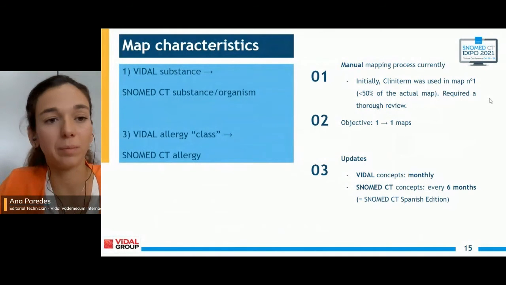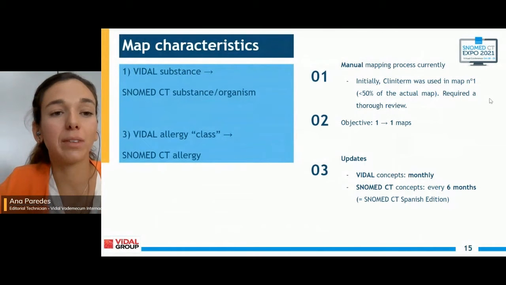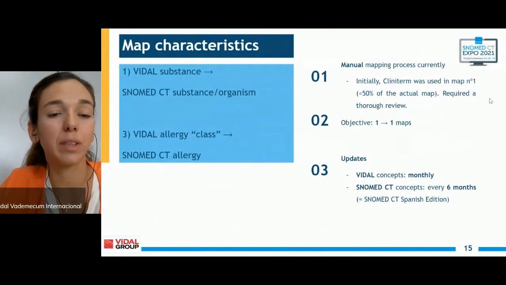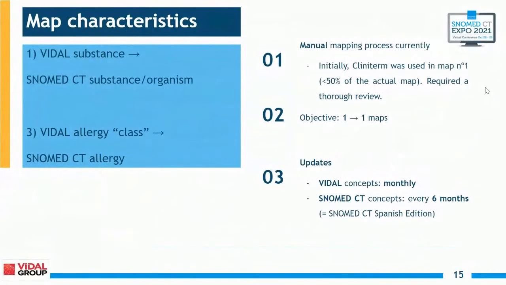extension for Spain. Here we have some mapping difficulties that we encountered during the mapping process. So some of them were related to one-to-many cardinality instead of one-to-one cardinality that we were looking for.